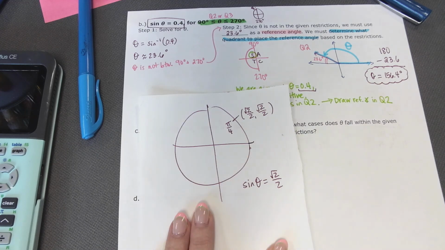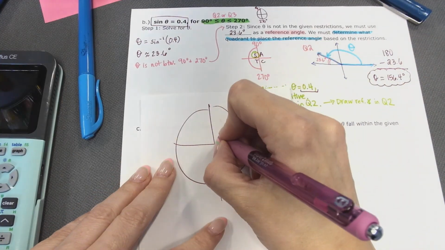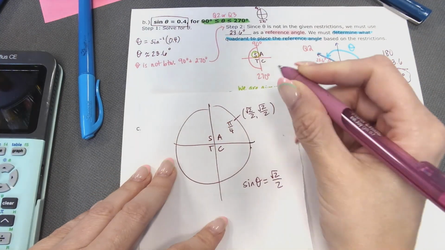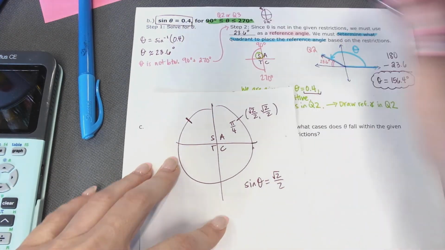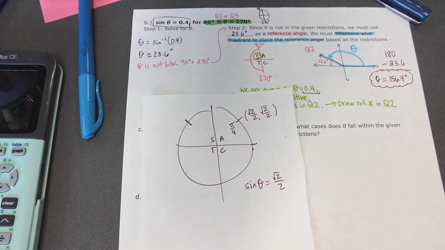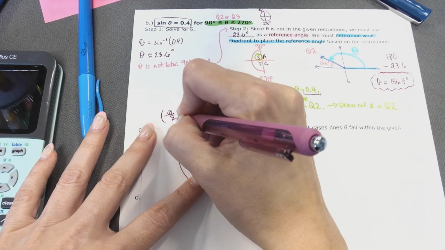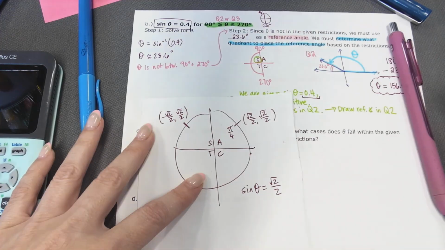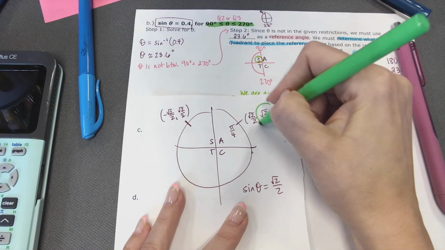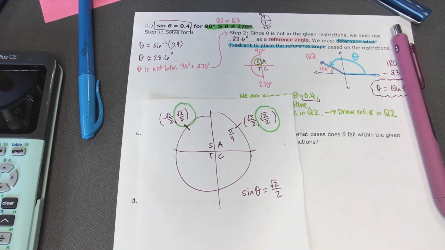And then if I gave you a restriction that it couldn't be in quadrant 1, remember you could use All Students Take Classes. It would be in quadrant 2 here. And it's the same reference angle. This is negative root 2 over 2, and this is positive root 2 over 2. But there are 2 places on the unit circle where this is going to be your coordinate.